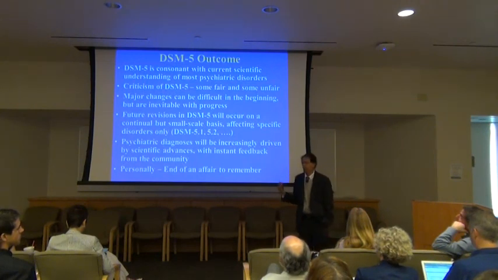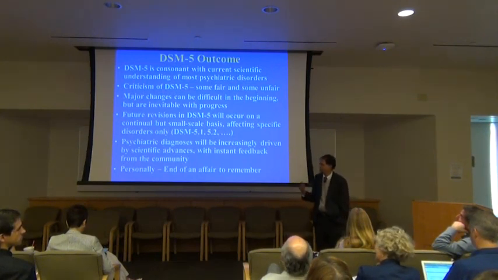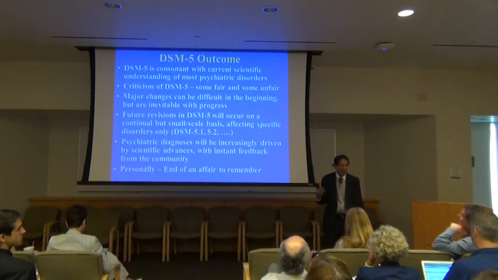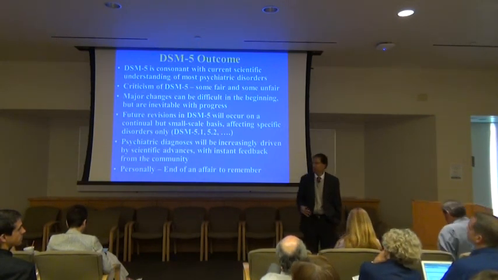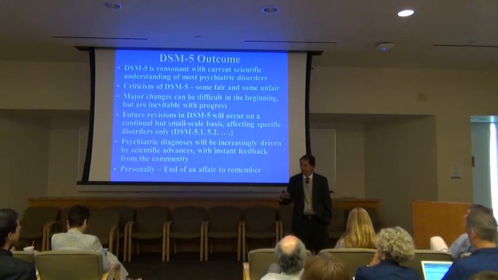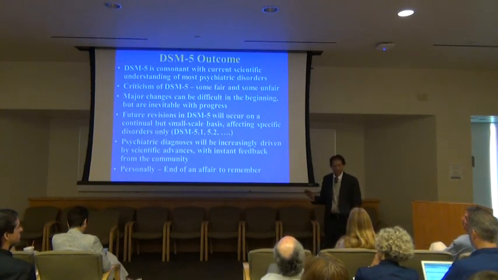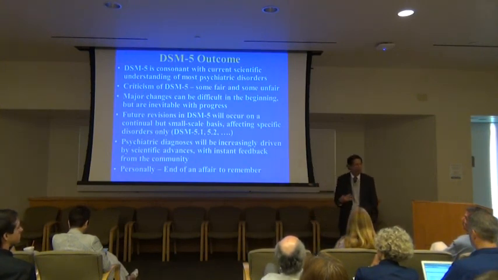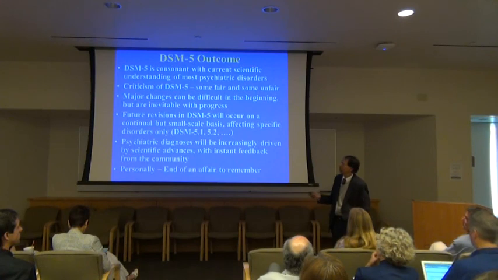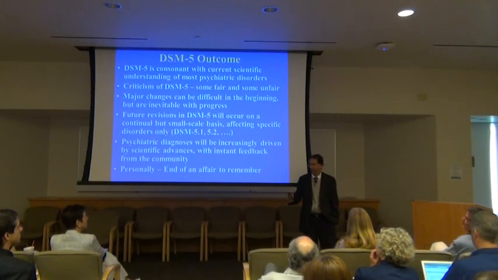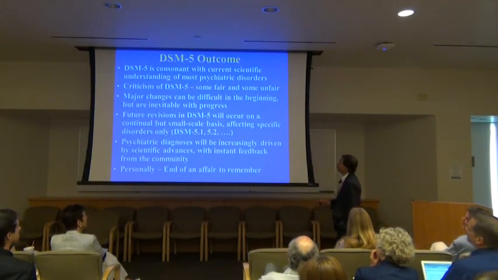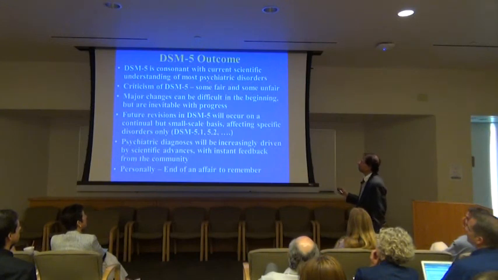For example, what diagnostic test should be used, whether you should have some biomarkers, or when we require duration of symptoms for, say, schizophrenia, how do we know that it is 6 months, why not 5 months, why not 7 months? So there are things over which people can disagree. You cannot have a perfect document of this type when we don't have valid biomarkers with which to confirm the diagnosis. So some criticism is fair, but I think some of it is unfair.